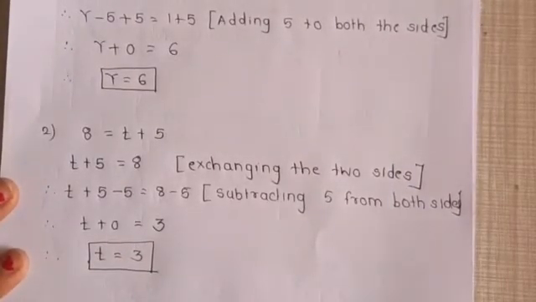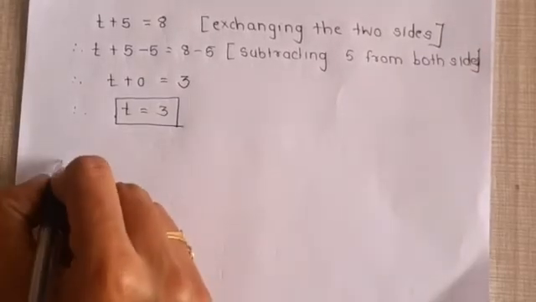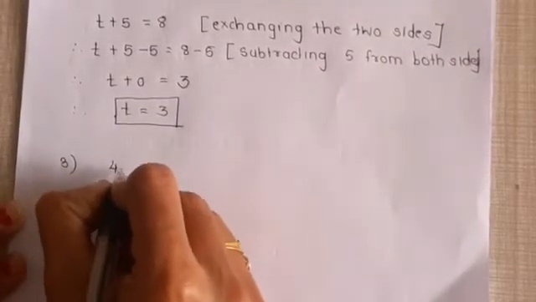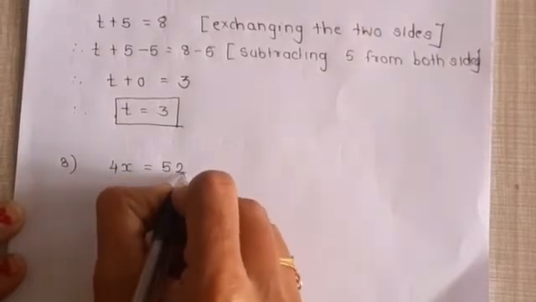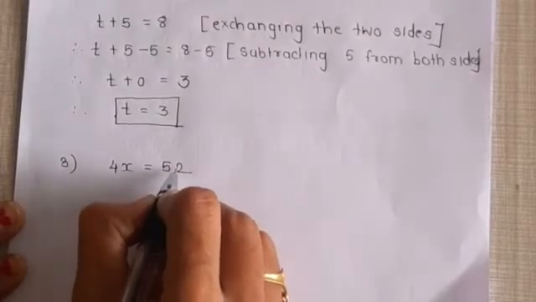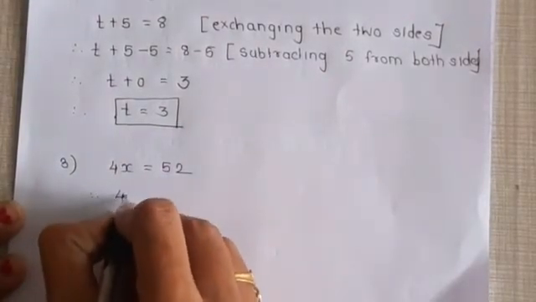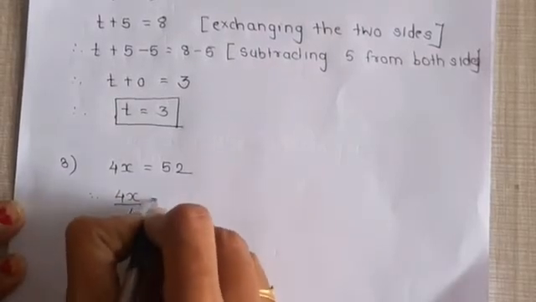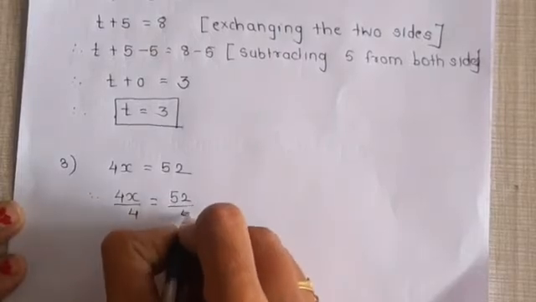Now, moving on to the third one. 4x is equal to 52. Therefore, 4x divided by 4 is equal to 52 divided by 4.